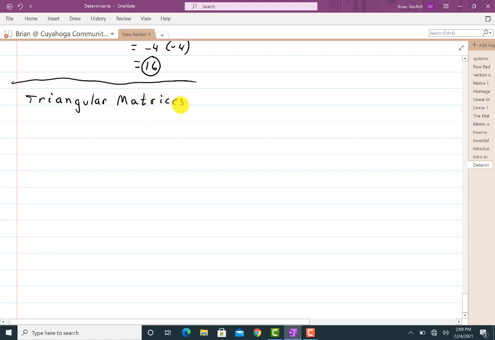So for triangular matrices, we have entries below or above the main diagonal are 0.